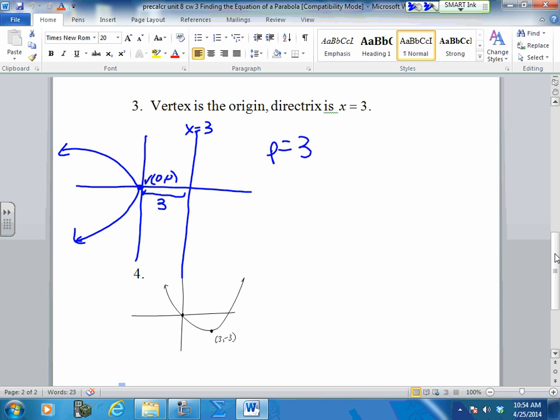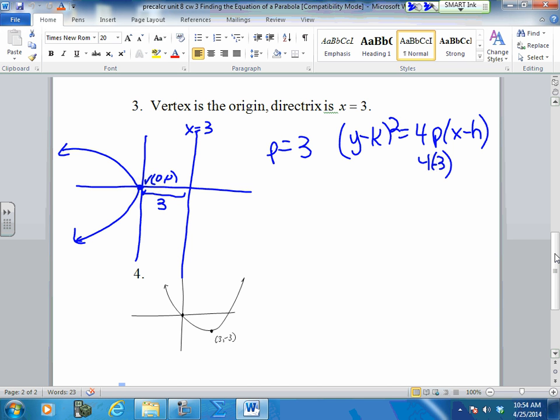So now, I've got something that opens left, so I've got the y again. What parts do I know? I know P. Oh, very good. It is negative 3. The distance is 3, but P itself has to be negative because it opens to the left. Good.